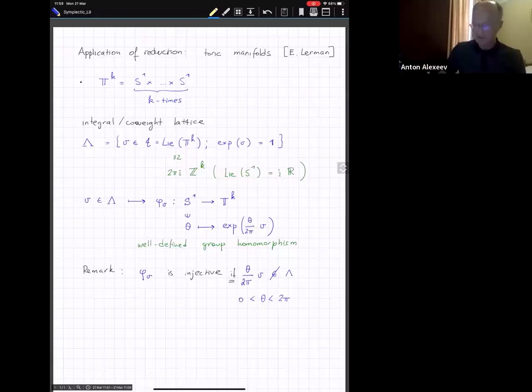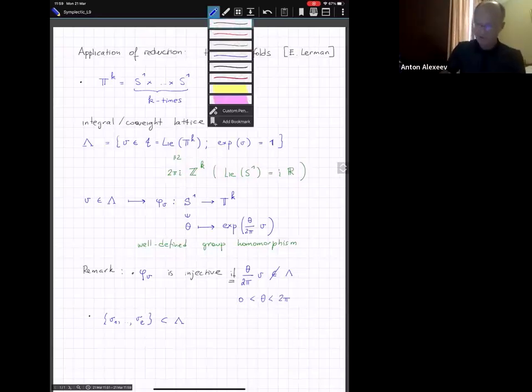So maybe we can extend this remark in the following way. Suppose I consider several elements of lambda, V1, ..., VL, and I construct a group homomorphism.